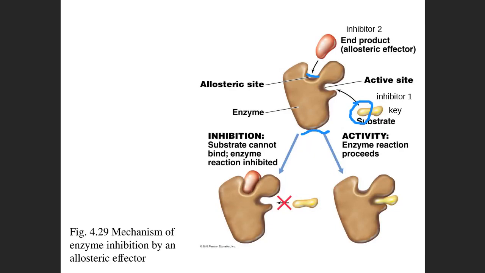If the lock is flexible, think about if a lock is a foam, a sponge, and you jam in another big substrate, the inhibitor, and you fit that in, then that changes the lock itself, so that the original key doesn't fit in anymore. And that's a second way of inhibiting.